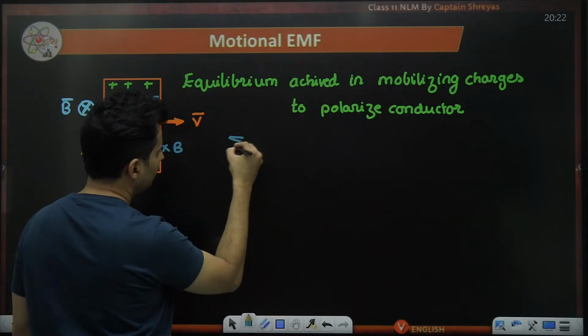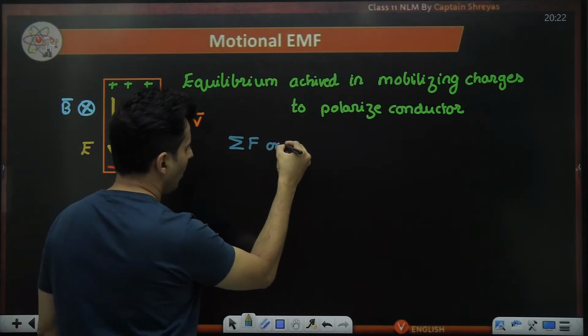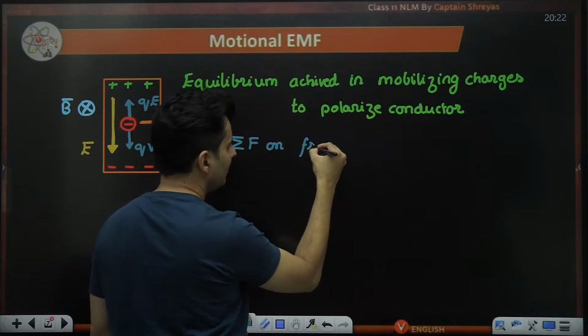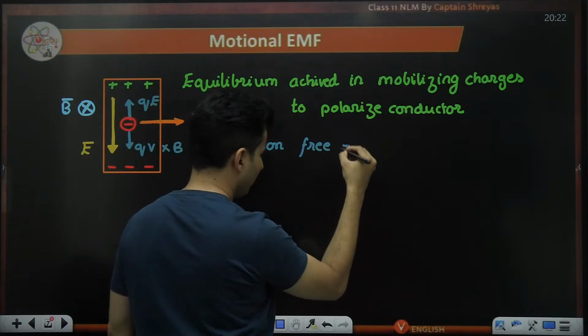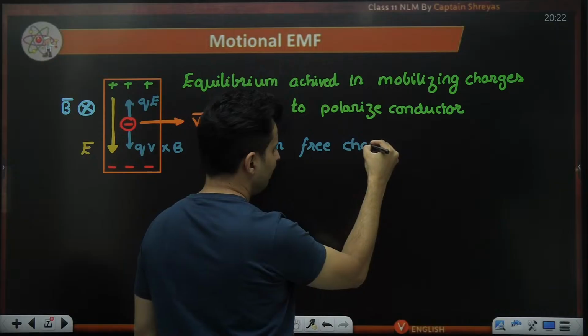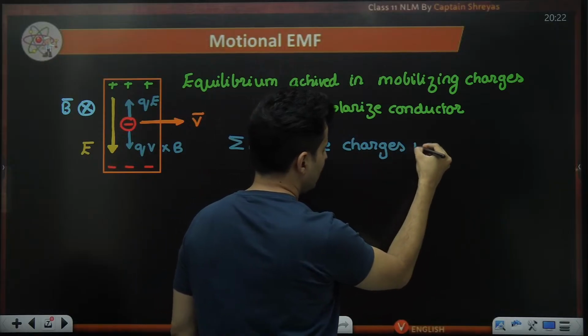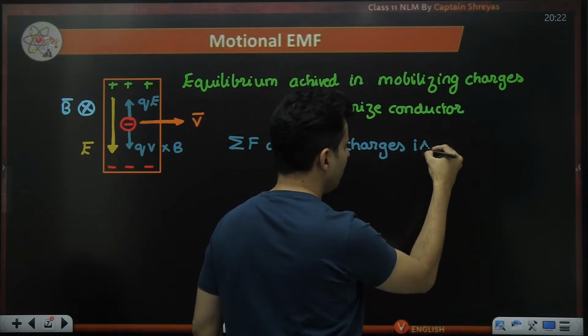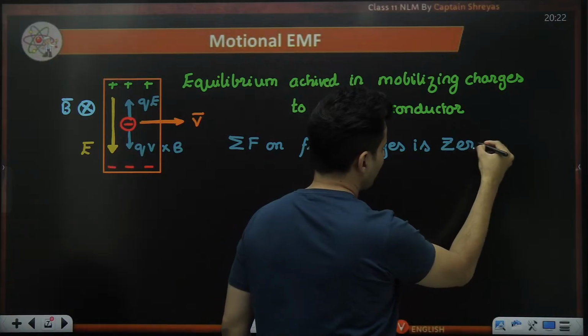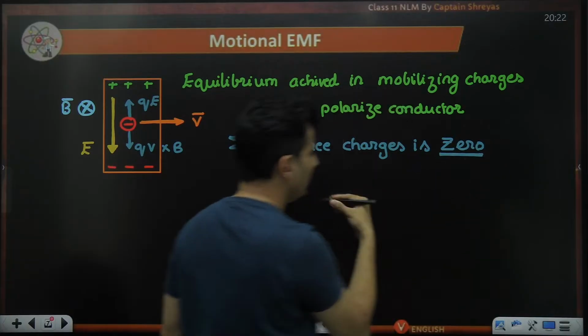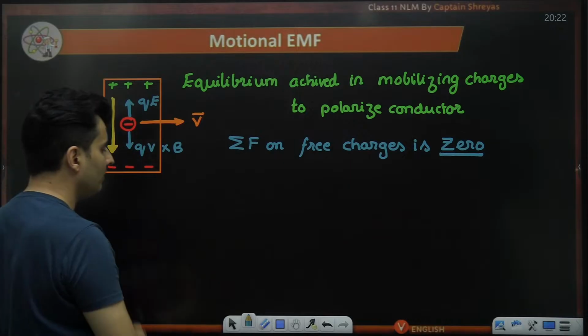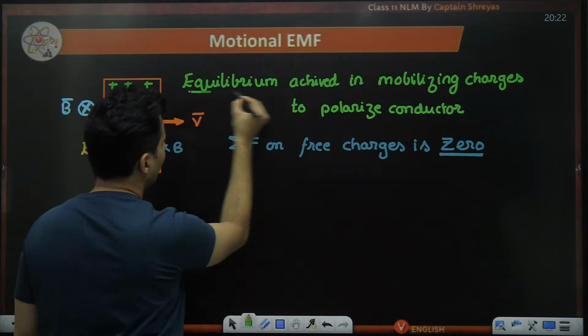So the net force on the free electrons, or free charges, I would say, is going to be a big fat zero. Once it is zero, it is reaching that equilibrium. This is that important word over here.